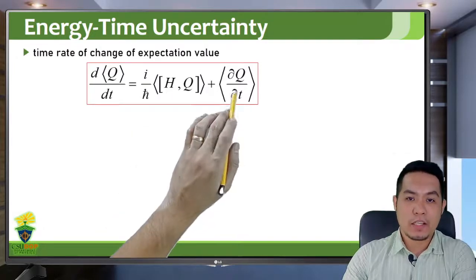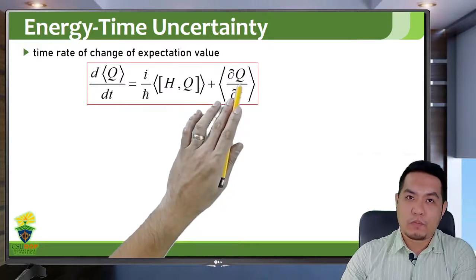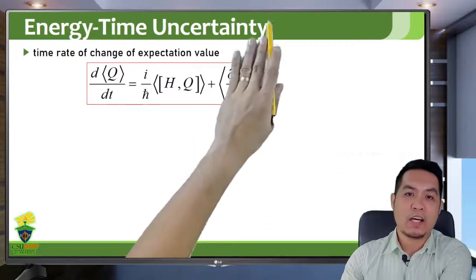And this is just a partial derivative. If Q does not explicitly depend on time, then most of the time this is 0.